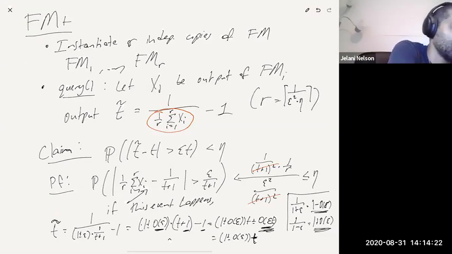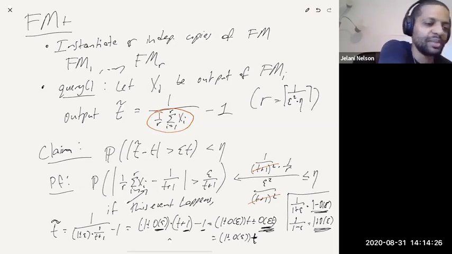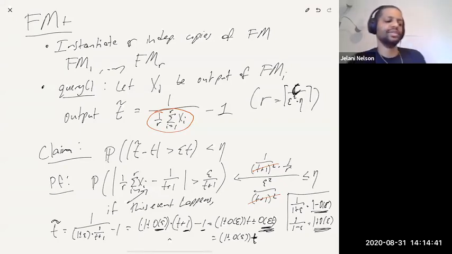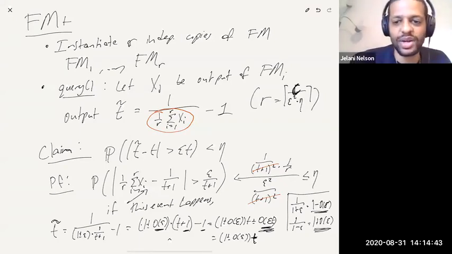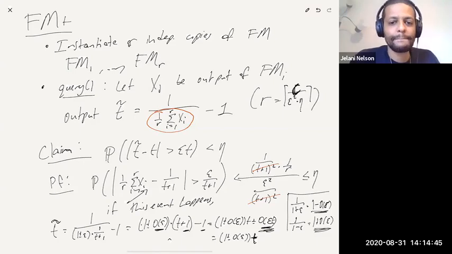Just run this argument with epsilon smaller by a constant factor, call it epsilon prime. So if epsilon prime is at most 3 epsilon, just run this algorithm with epsilon prime being epsilon over 3. And then all that will do is change r by a constant factor. So r is still big O of 1 over epsilon squared eta. Okay. So that's FM+.